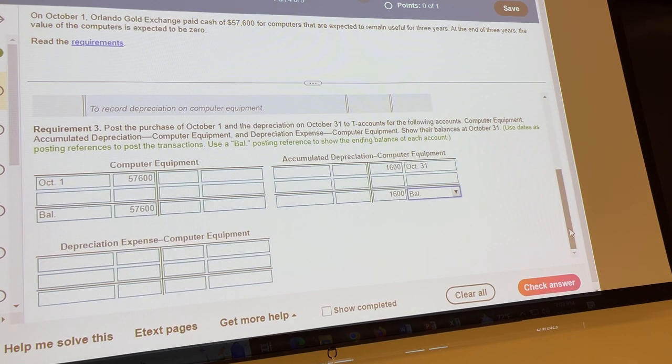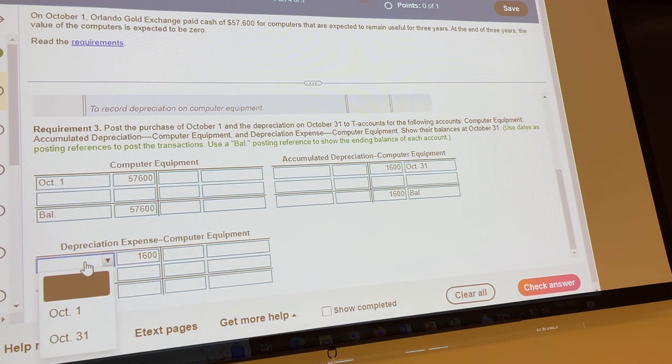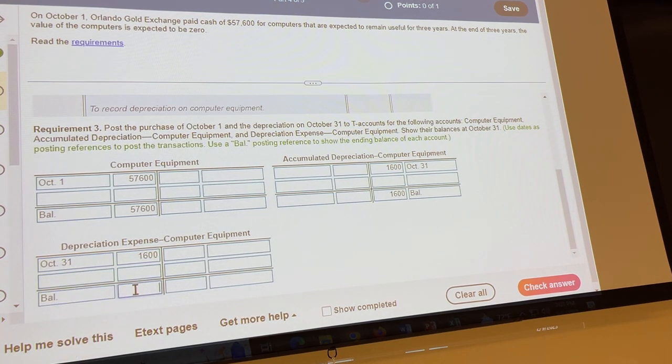And then depreciation expense, that would be a debit of 1,600 on October 31st and a balance debit of 1,600.